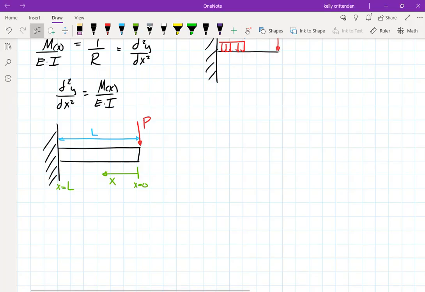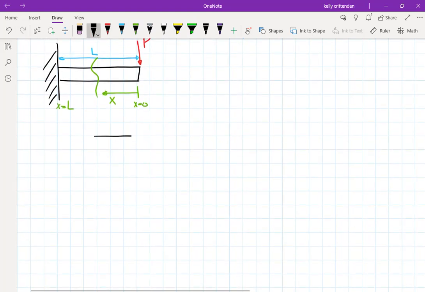All right, so how we would do this is first we need something to put in for M of x, otherwise we just have to write the integral of M of x. So we do that by cutting the beam open, drawing a free body diagram.